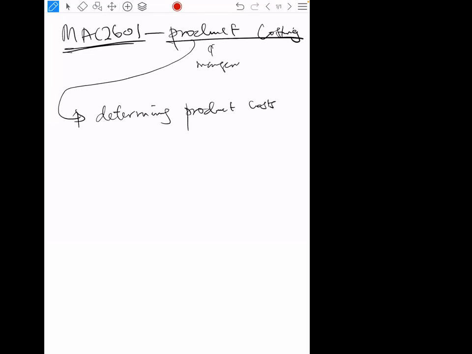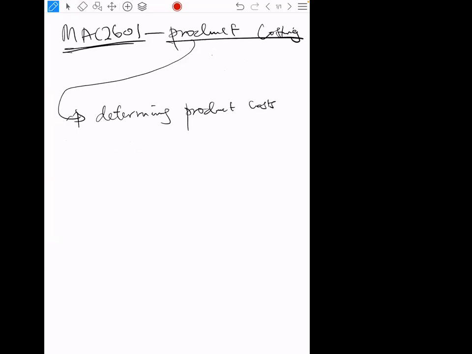That also allows us to determine profit or loss, but that comes last. That should not be taken as primary. We'll talk about that as we go towards the end. Then it says, oh, we also do calculate profit here. So if you are looking at this module, good people, you should know how to determine product cost. That is to start with.